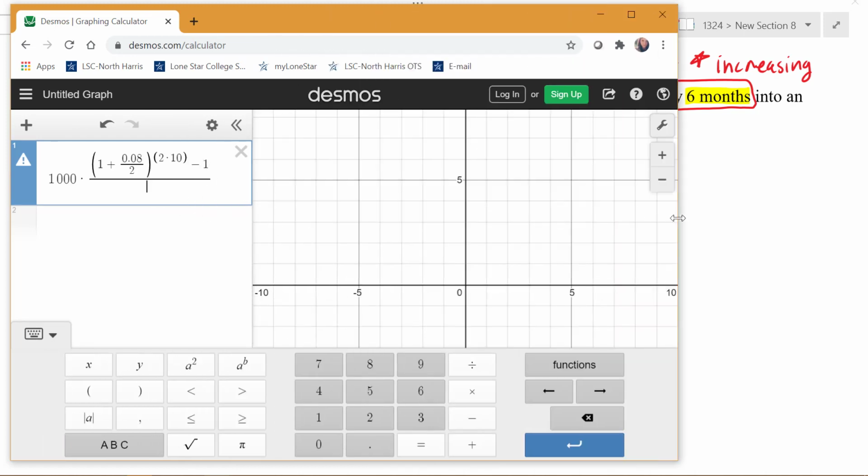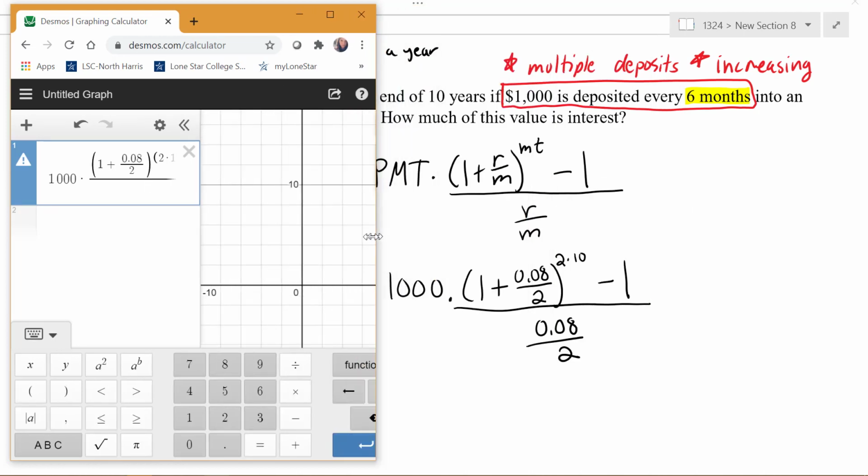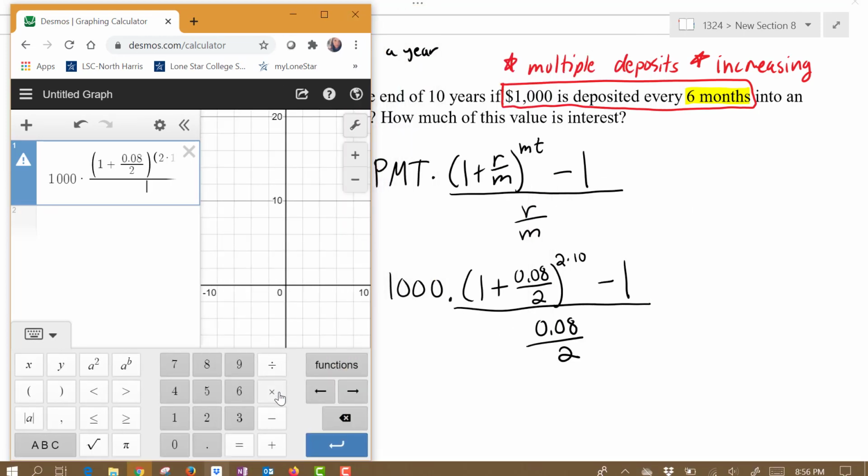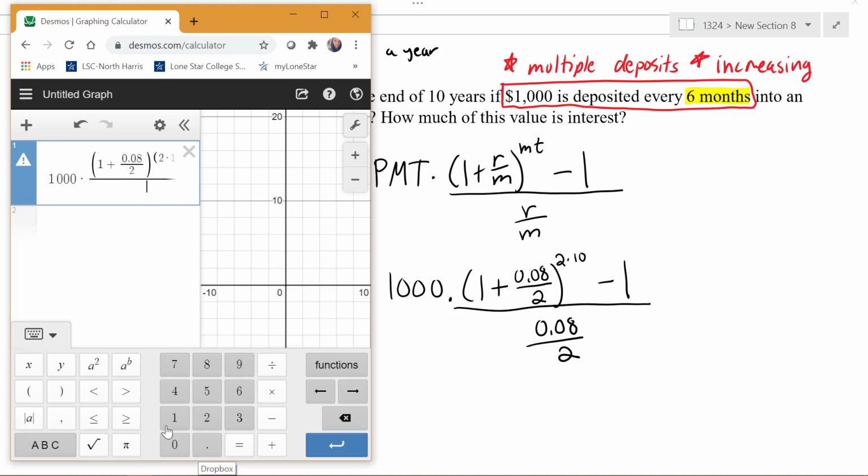And then I'm going to divide by that r over m, so the 0.08, and then I'm going to divide that by 2. Okay, so it tells me I get $29,778, and then I'm going to round to the nearest 2 decimal places, or to the nearest cent. So that would be 0, and then the 8 rounds the 7 up to an 8, so 0.08.